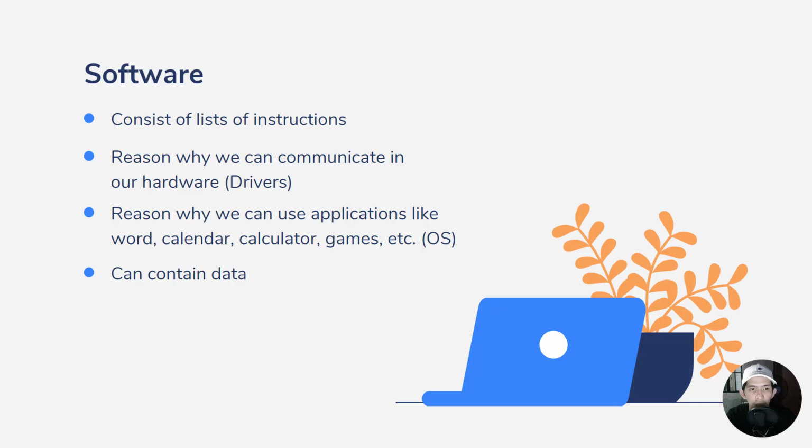Pero sabi natin dito, software din daw ang dahilan kung bakit gumagana itong mga application na ito. Okay. So, saan ba naka-install yung Word, yung calendar, yung calculator, yung games? Diba? Particularly dun sa tinatawag natin na operating system. And operating system is also a software. Okay.